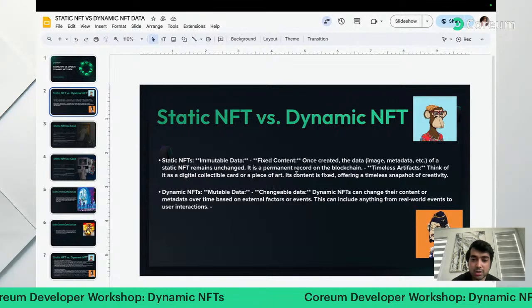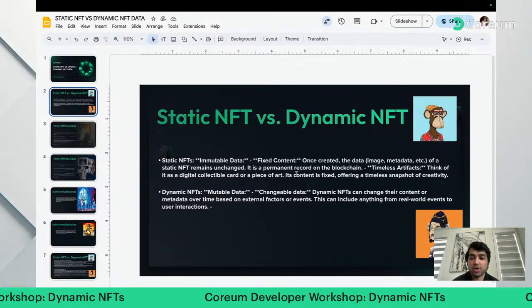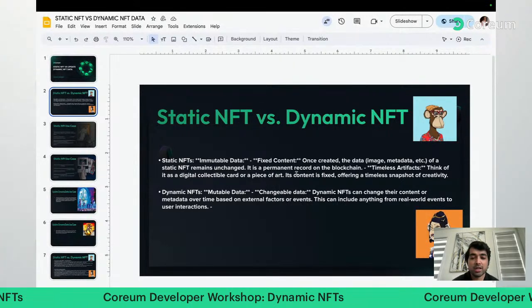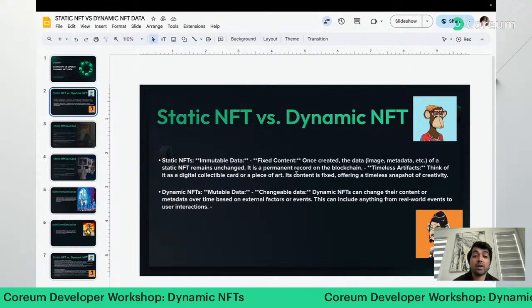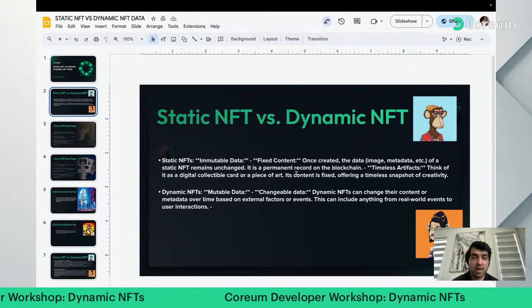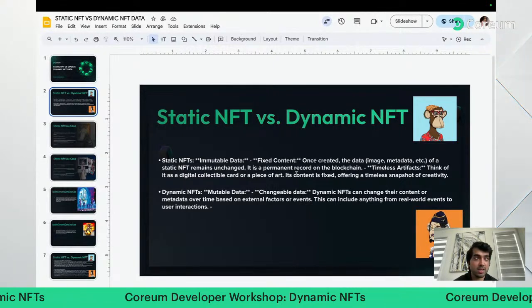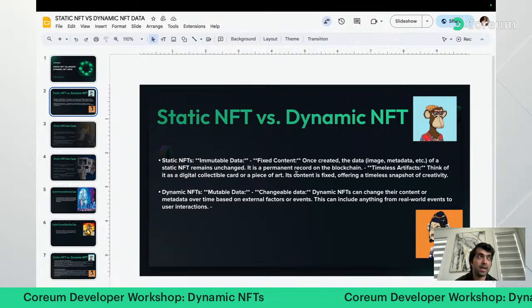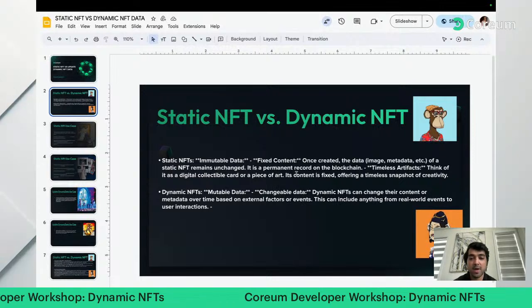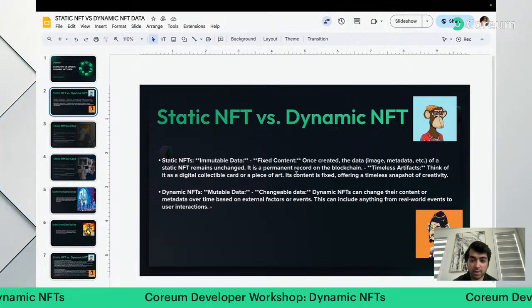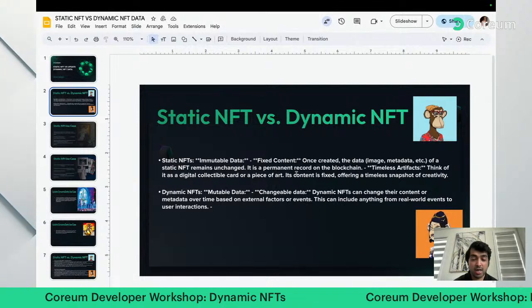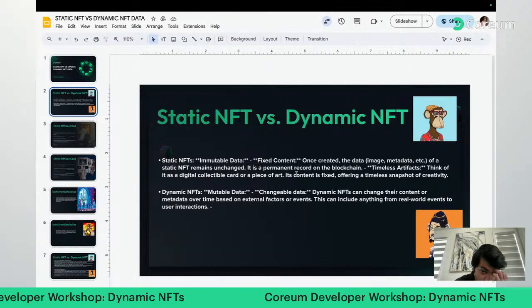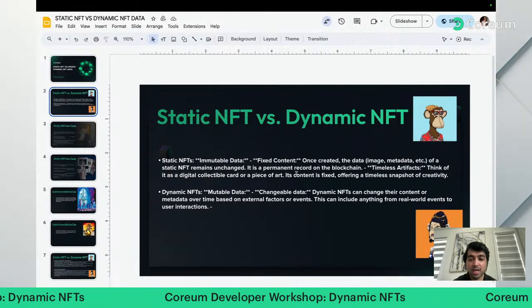Static NFTs you can think of as immutable data. It is fixed content. Once created, the data of a static NFT remains unchanged. So it is a permanent record on the blockchain. You cannot change the metadata for these NFTs. So these are static NFTs, and then we have dynamic NFTs.